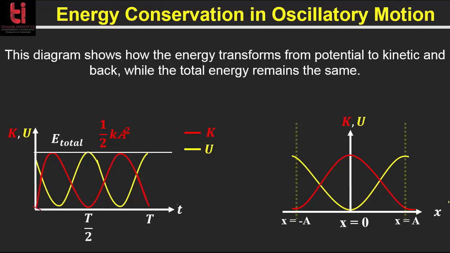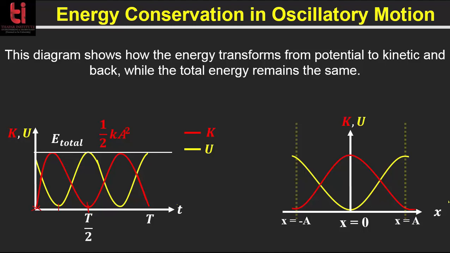If we start from one of the limiting values of the displacement, either from the extended part of the spring or from the compressed part of the spring, we get kinetic energy 0, and at that position the potential energy has the maximum value. Now when it completes half of the cycle, up to here, the potential energy is again maximum and the kinetic energy is 0. But at the equilibrium position, that is here, the energy is all kinetic.